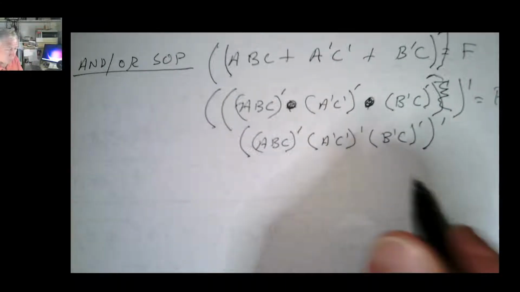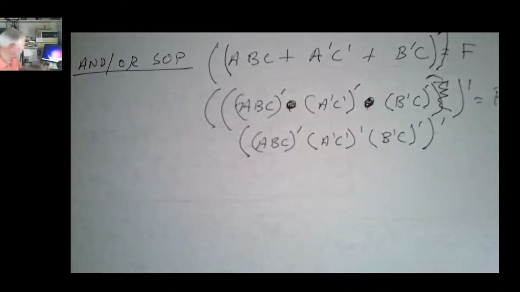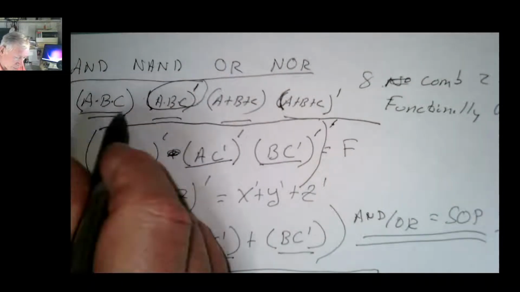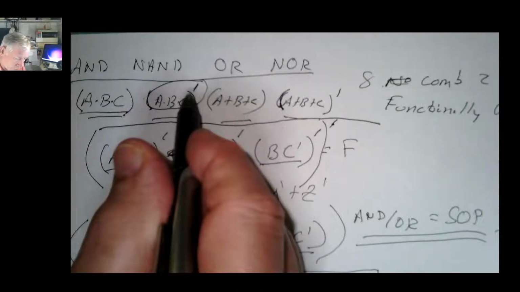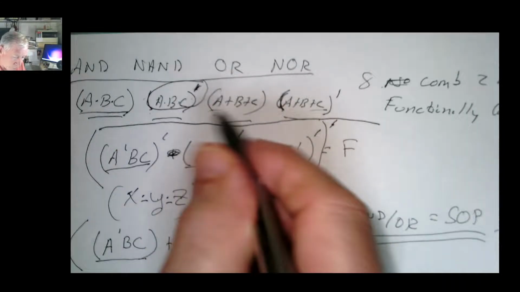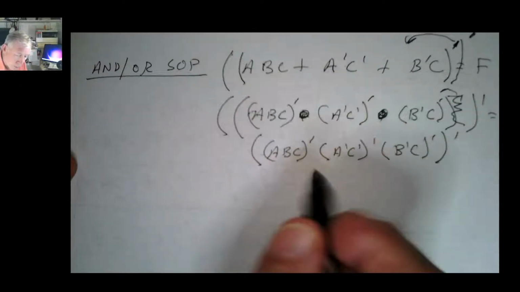Now, if you go back to the form we looked at earlier, which is right here, notice for AND gates it looks like this. For NAND gates it looks like this with a tick on it. For OR gates it looks like this, and for NOR it looks like this with a tick on it. All right. So if we look at this, what kind of gate is this?